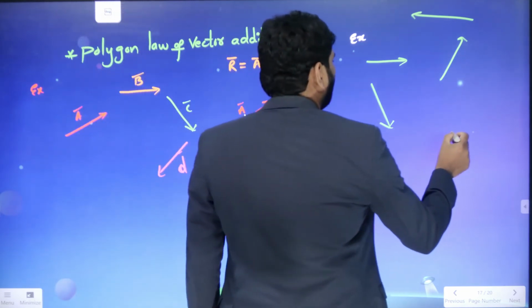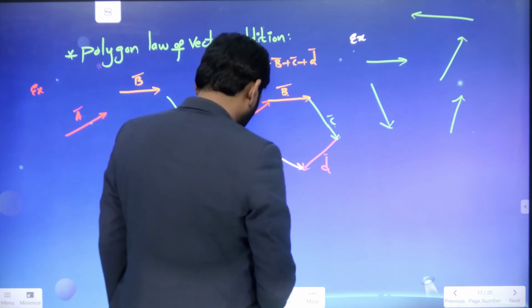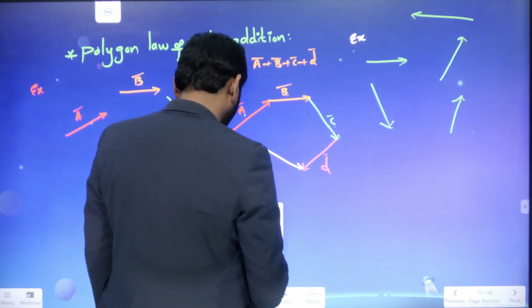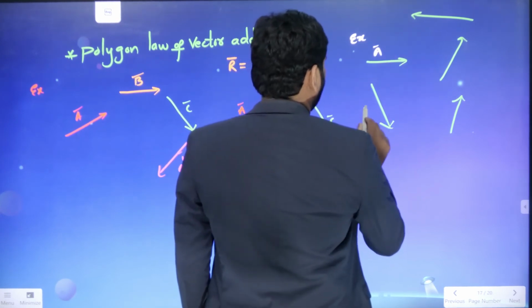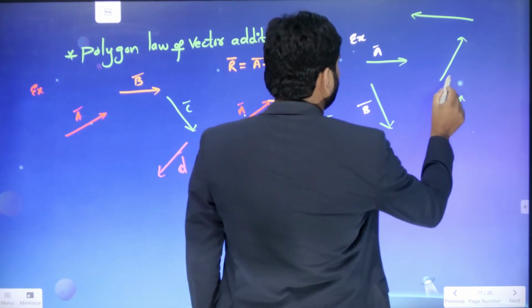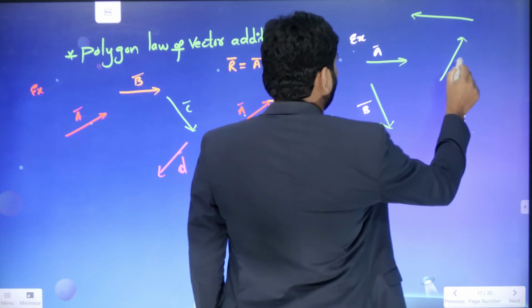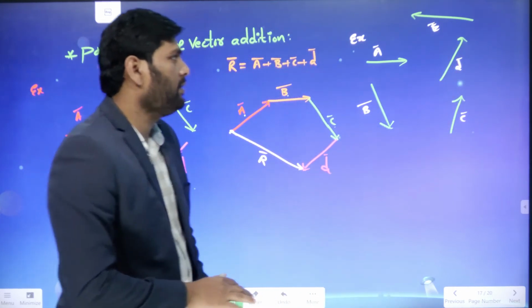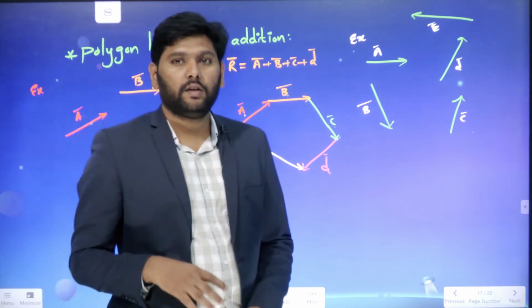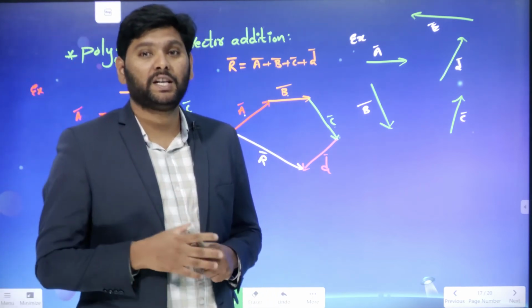You can take even 5 also. So, give the names. This is A bar. This is B bar. This is C bar. This is D bar. This is E bar. How many do we have here? 5 vectors we have. Then the 5 vectors addition we require.